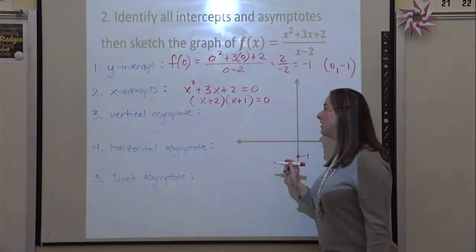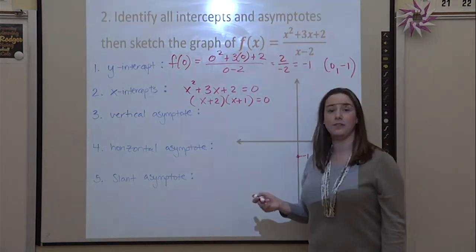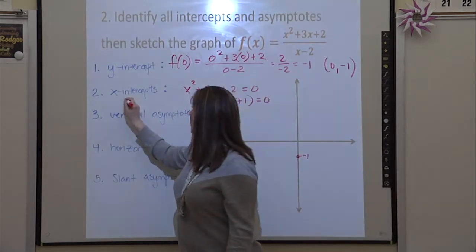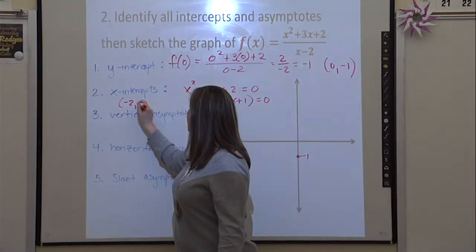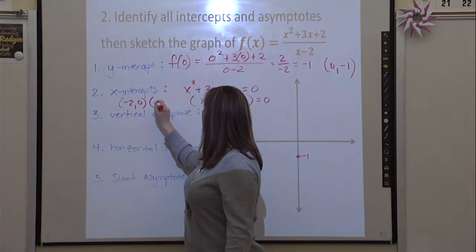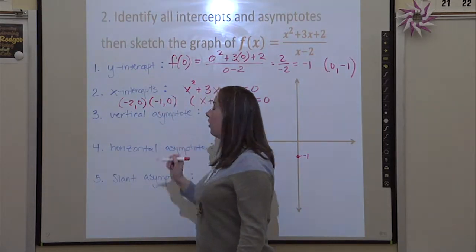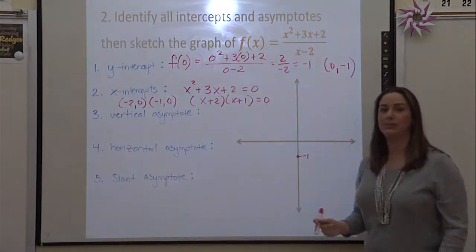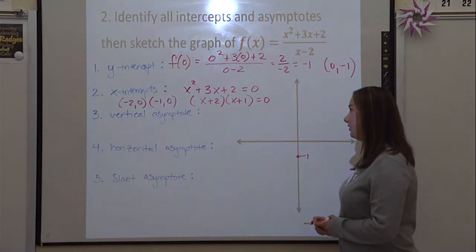My x-intercepts are going to be when each of these equals 0. So I'm going to have -2, 0, and I'm going to have -1, 0. Those are going to be my x-intercepts.